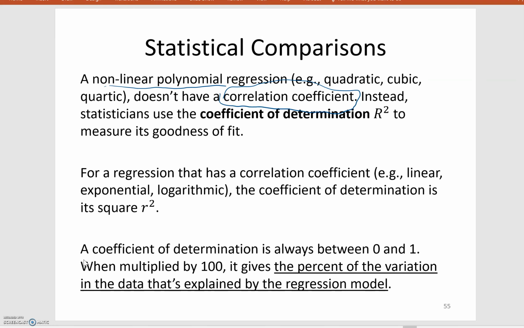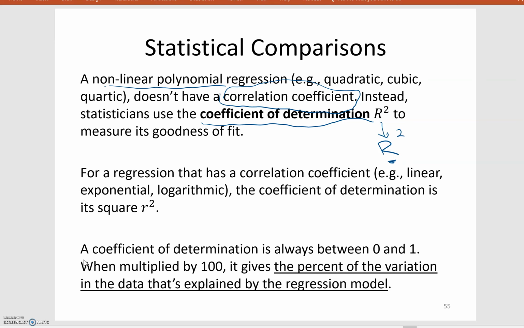And the reason for that involves the mathematics behind the actual regressions. So instead of the correlation coefficient, we have another measure which is called the coefficient of determination. And the symbol for that is capital R squared. That's capital R squared. And that's to measure the goodness of fit.